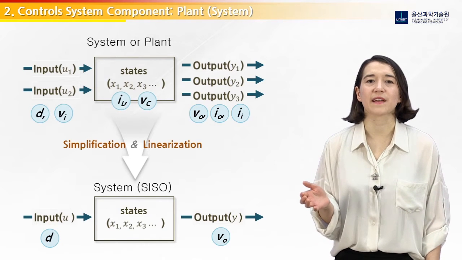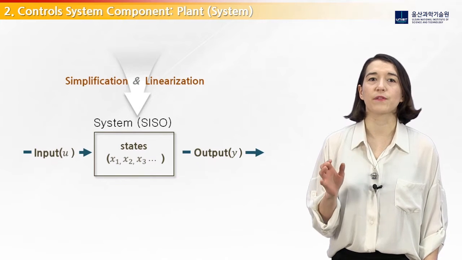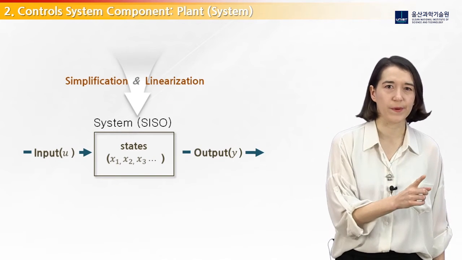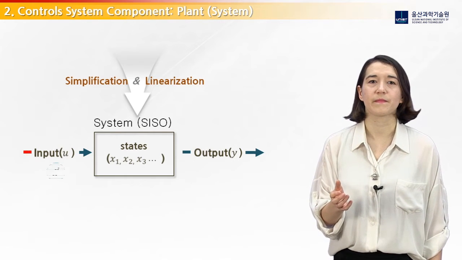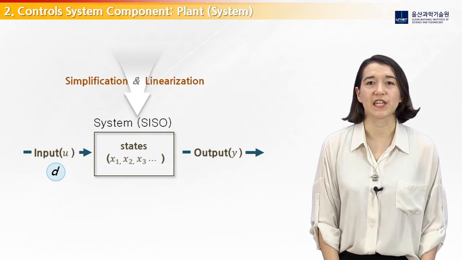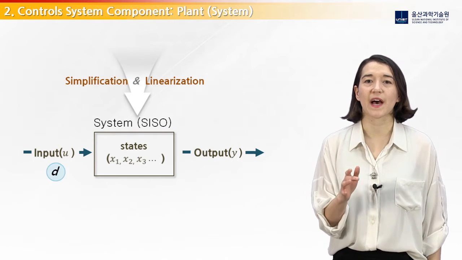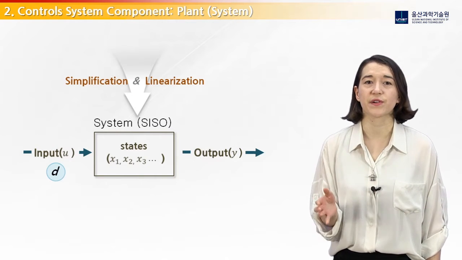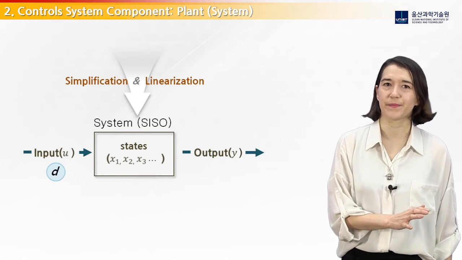To simplify complex nonlinear systems like DC-DC converters, we first have to pick our controllable input and our target output. Then linearize the system. After simplification and linearization, the states stay the same, but our SISO model for our DC-DC converter will have the duty ratio as the input and typically output voltage as the output.